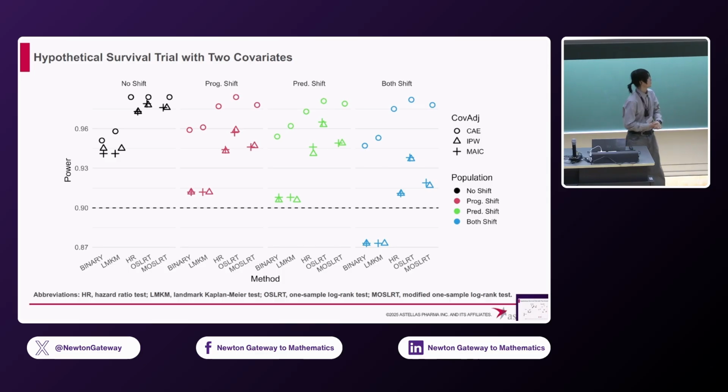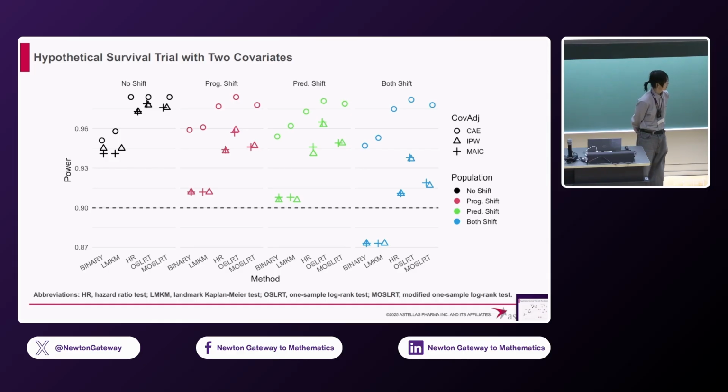We also conduct some hypothetical survival trials. We consider two covariates. First is a prognostic factor, and the other is a predictive factor. We consider 4 shift settings: no shift, predictive factor shift, prognostic factor shift, and both shift. We compare 3 covariate adjustment methods.